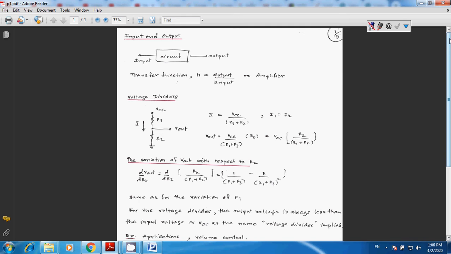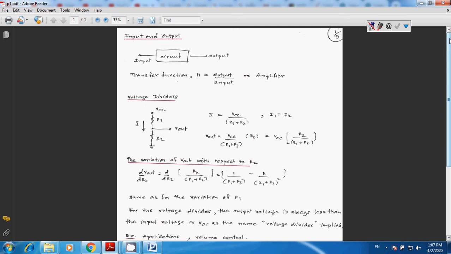A typical electronic circuit. So basically, you're going to have a circuit, and you have input, and you expect your output. And there's some technical term that has been decided here, and that's called transfer functions, as you may be familiar with before.